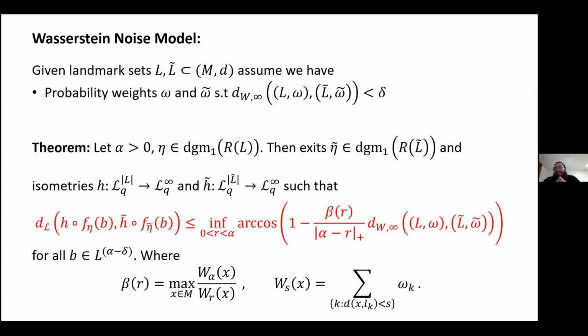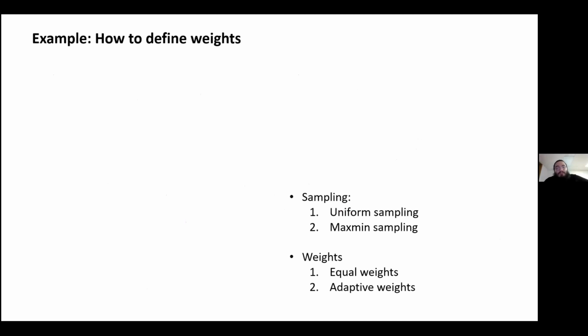So as I move landmark sets and change resolutions around alpha, how different are these probabilities that I'm defining? That's a rough intuition of what this term is telling us in this theory. But aside from looking scary, let's see how this behaves in some examples.